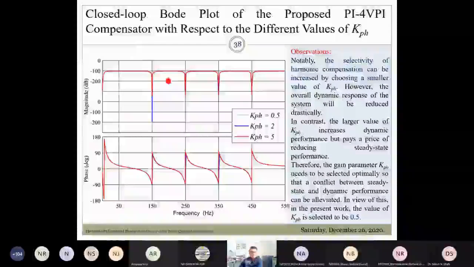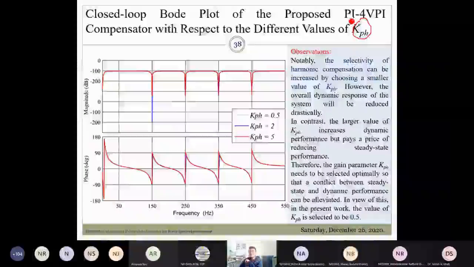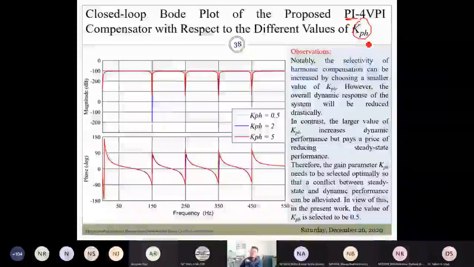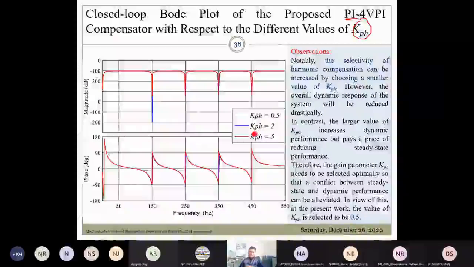Furthermore, I have studied the response of this PI for VPI compensator against the change in KPH, that is the proportional gain of this PI compensator. What happens if the proportional gain of the PI compensator changes? I have studied three different values of the KPH: 0.5, 2, and 5.